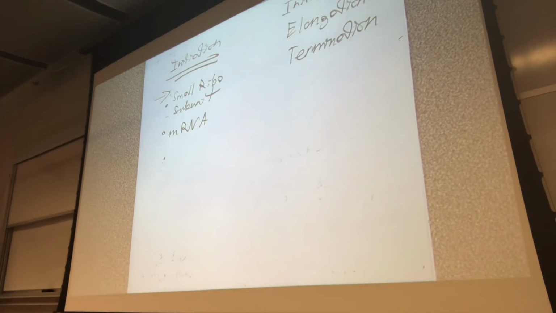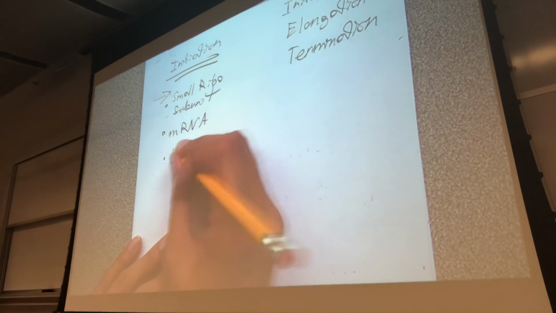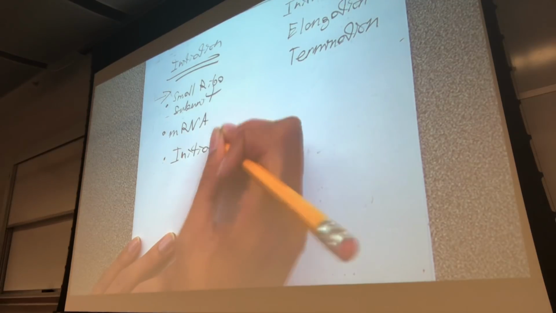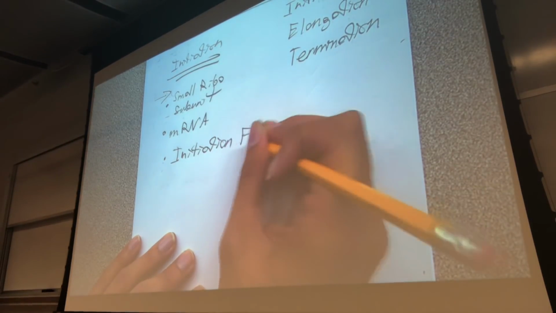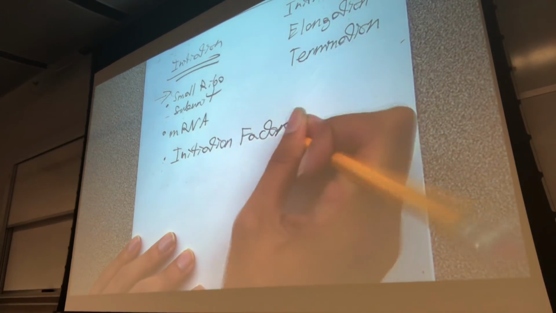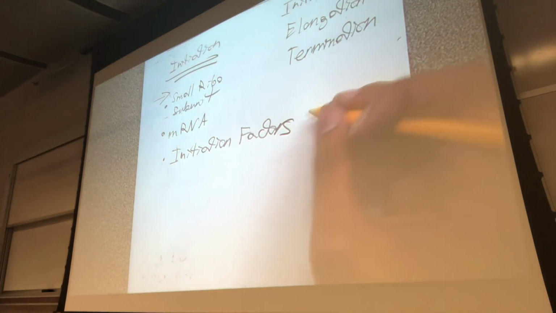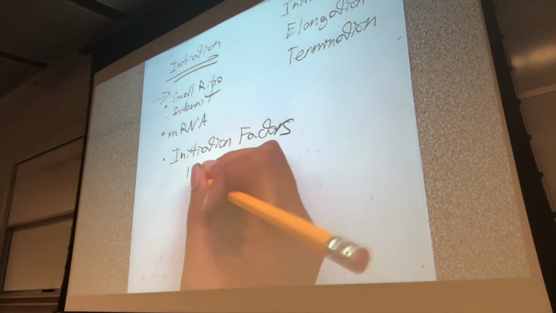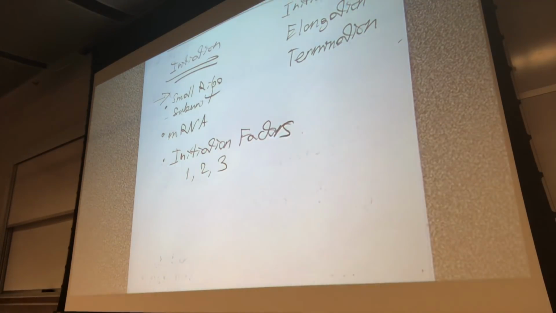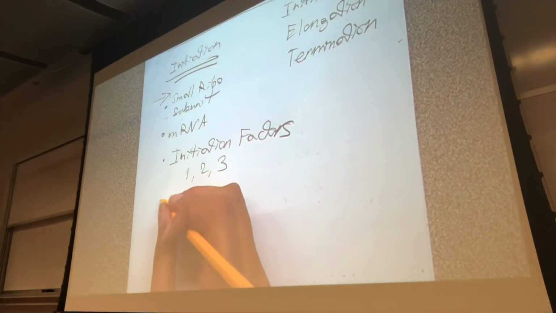Other stuff you need: in initiation, there's a category of proteins that help everything initiate. They are called initiation factors. Easy. I believe there's 3 of them. You do have to know that there's 3 of them in prokaryotes. You don't have to know what 1 does versus 2 versus 3, just that there are 3 of them.